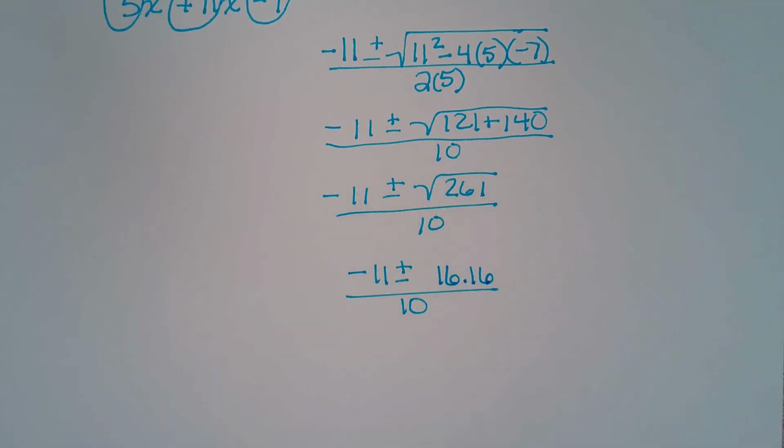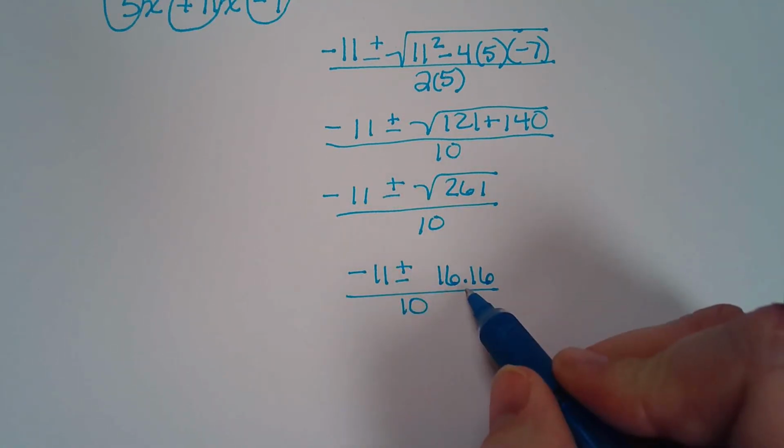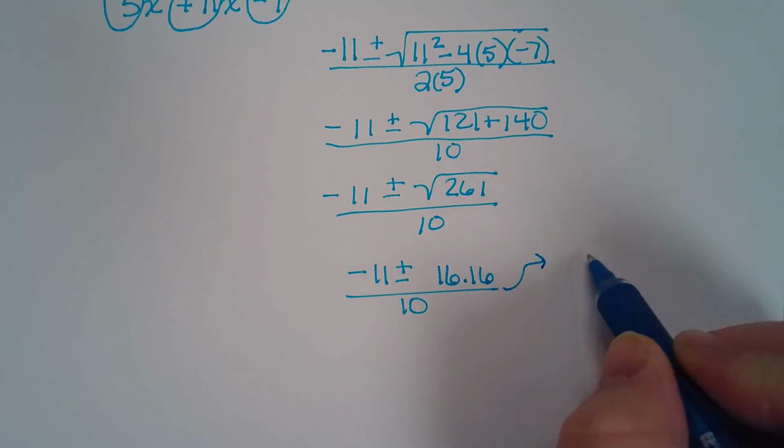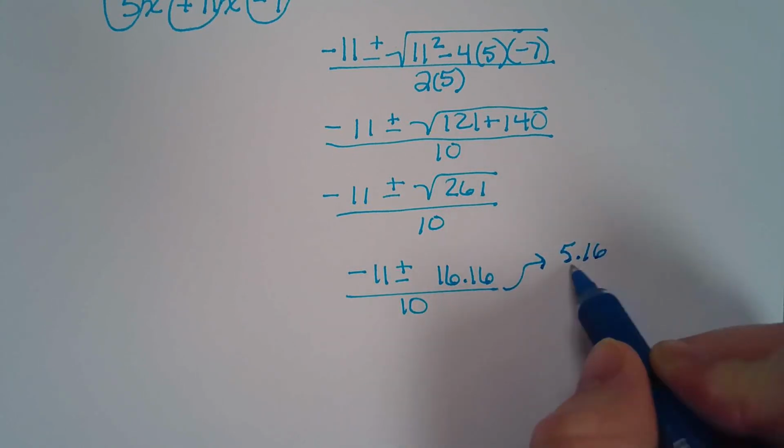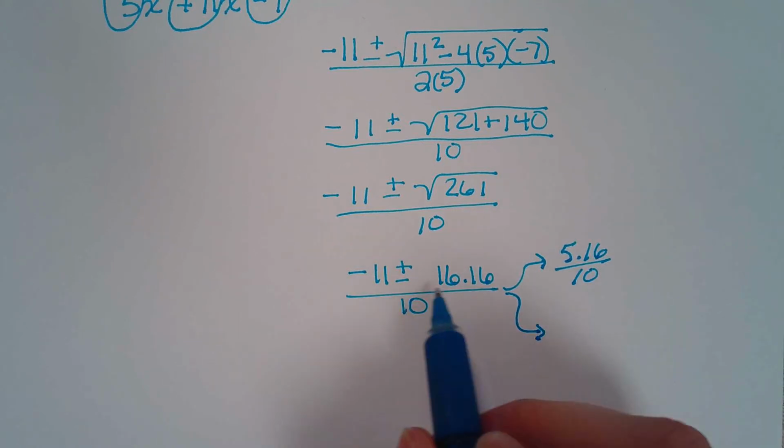Yeah, okay, 16.16. Now, it's down to where we just need to finish it, combining stuff. So negative 11 added to that, well, negative 11 and positive 16 is going to make positive 5.16 divided by 10. And if I go this way, I'm going to add them because I'm going to go further negative.